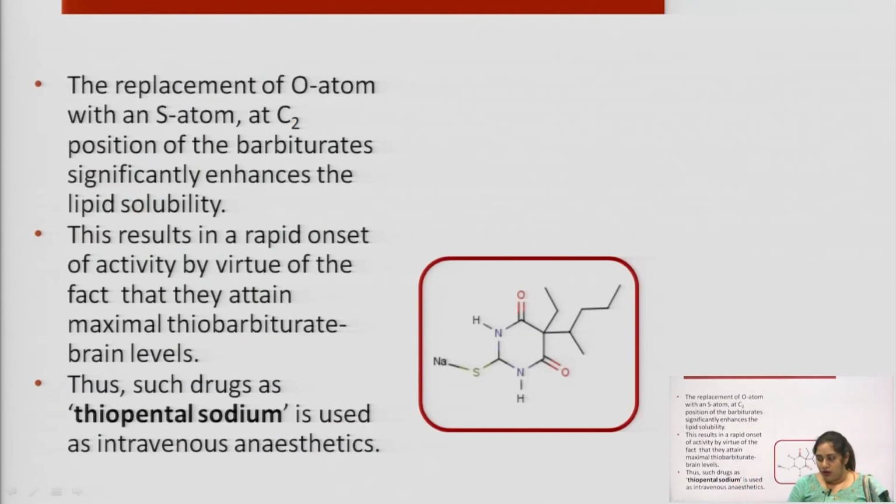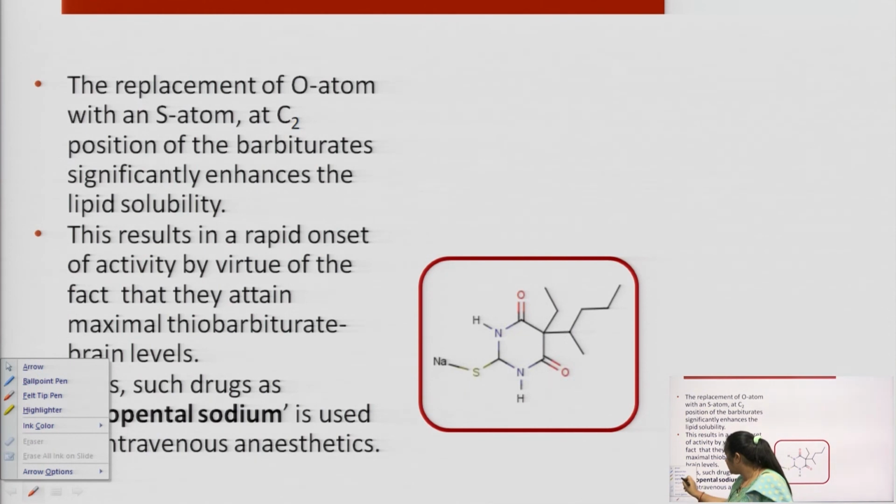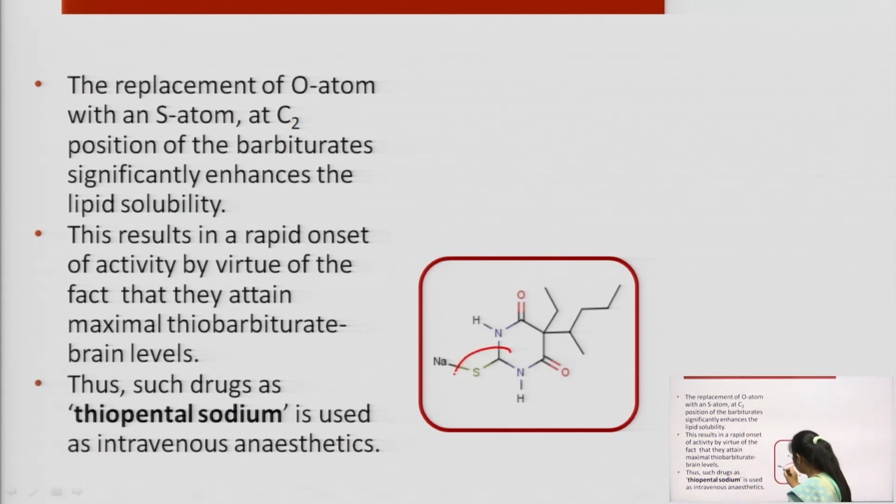So, when we think of replacement of the oxygen atom with a sulfur atom at position number 2, when we replace a carbonyl group here with a sulfur atom, that will significantly increase the lipid solubility.